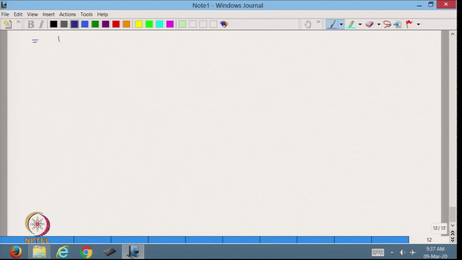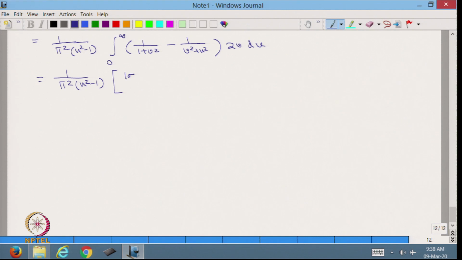So, this we write as 1 upon pi square into u square minus 1, integration from 0 to infinity of 1 upon 1 plus v square minus 1 upon v square plus u square into 2v dv, which is equal to 1 upon pi square into u square minus 1 times log of 1 plus v square minus log of v square plus u square, from 0 to infinity.